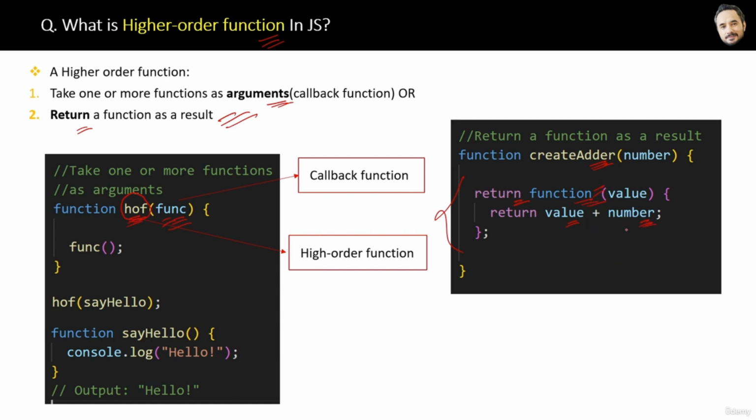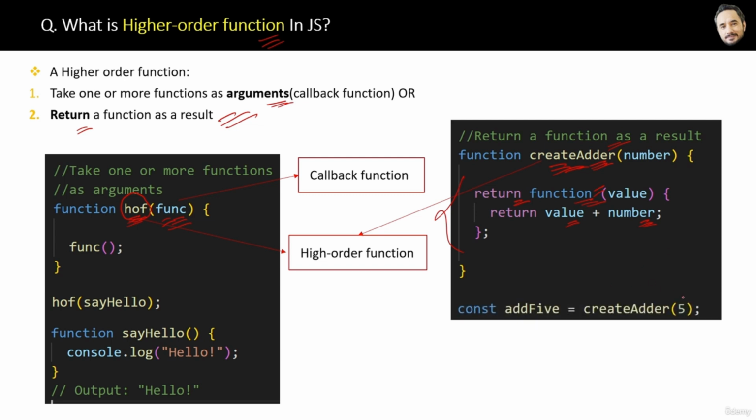That is not a problem. So a function returning a function as a result is also a higher order function. Now the question is how you will use this createAdder higher order function. So using it is a two-step process. The first step is to pass the parameter 5 in the createAdder method and get the result function in the add5 variable.